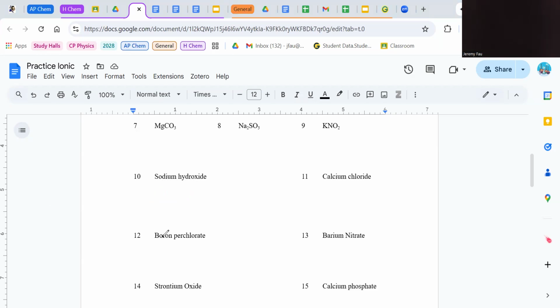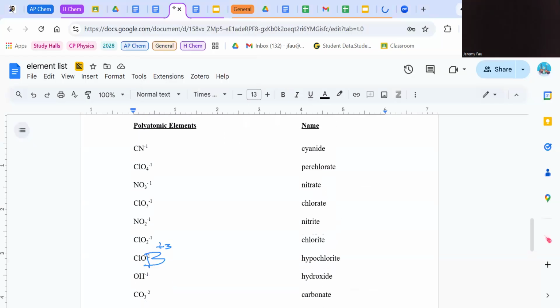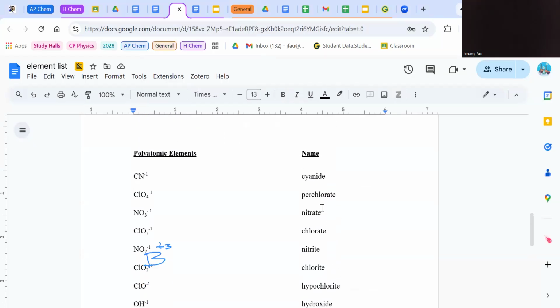Let's look at 12, boron perchlorate. So we're going to write the symbol for boron, which is B, right? It's in group 13, so it's got a charge of +3. Perchlorate, there's no element perchlorate. Perchlorate is a polyatomic ion, right? So we look on our polyatomic ion sheet. We look for perchlorate.